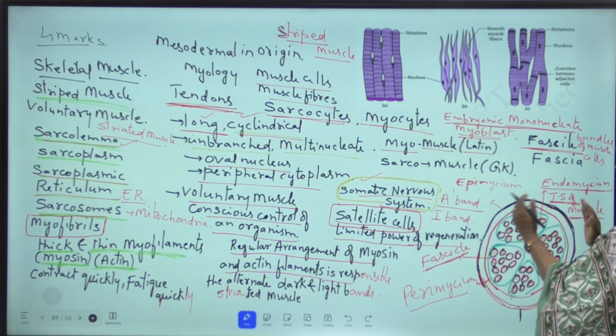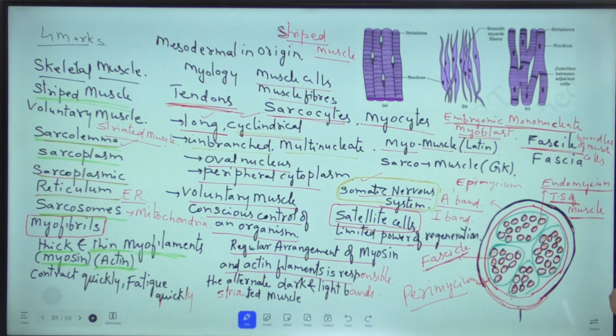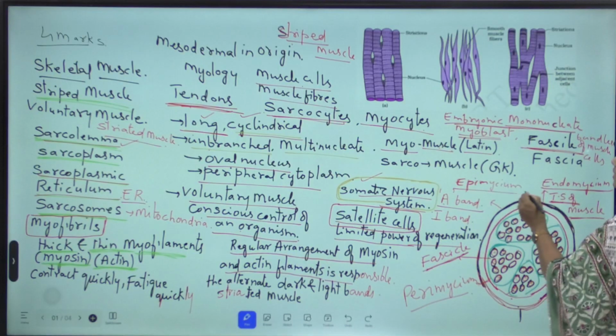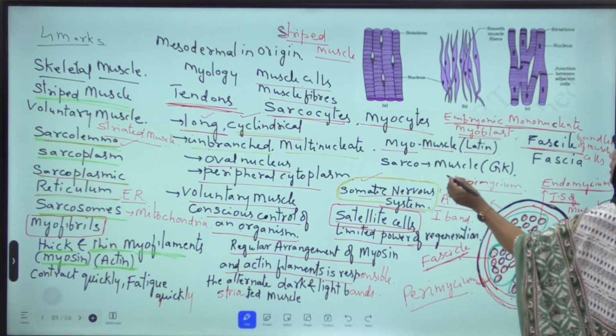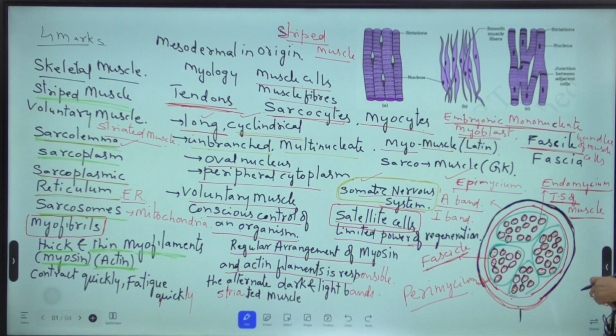Next, all the fascicles are covered by epimysium. Epimysium means the muscle is covered by a thin connective tissue membrane called epimysium. How is muscle formed? Bundles of fascicles together form a muscle. What is a fascicle?